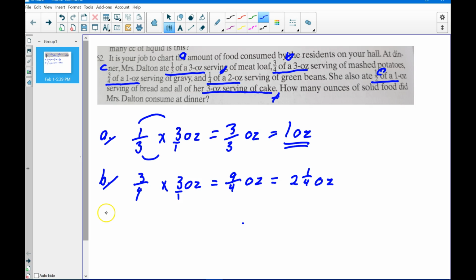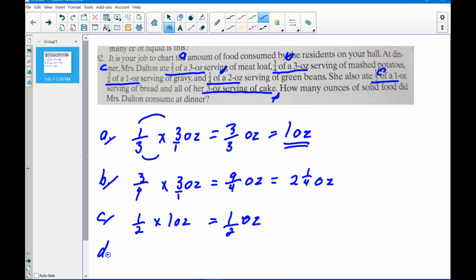Let's look at C. C looks like 1/2 of 1 ounce, so 1/2 times 1 ounce. That's going to be just 1/2 ounce. Looking at D down here, we have 1/4 of 2 ounces.